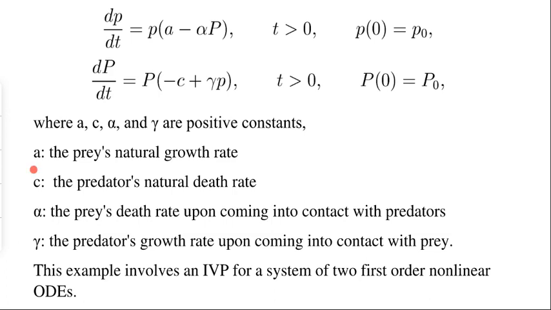We can use these two equations subject to these two initial conditions to obtain the values of capital P, the population of predators, and small p, the population of prey, at each positive time t.